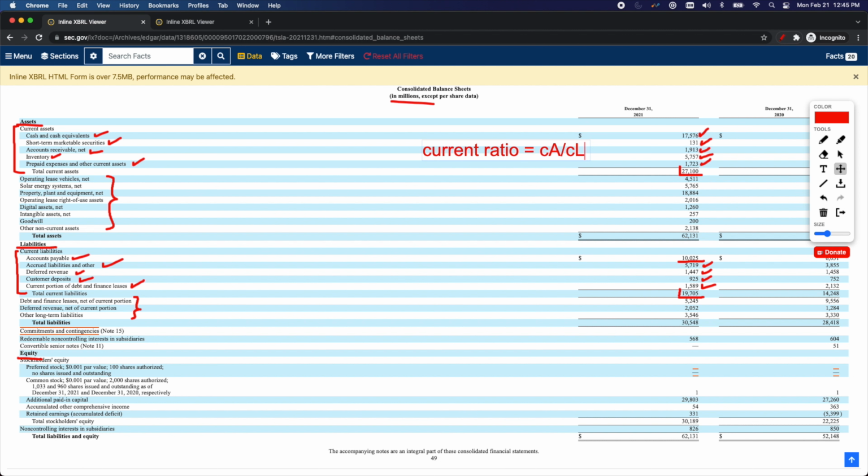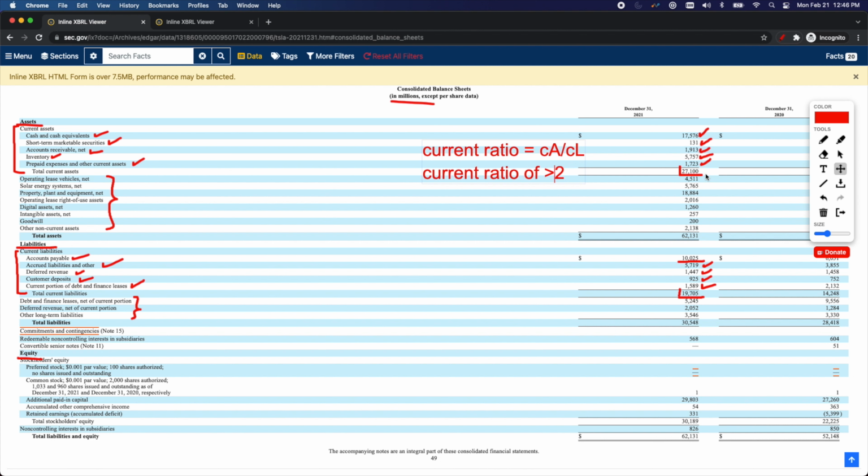Ideally you want to have a current ratio of 2 or greater. This is because you want to make sure that a company, in this case Tesla, won't run into any liquidity issues in the short term. Generally speaking, a good rule of thumb is having a current ratio of 2 or more.